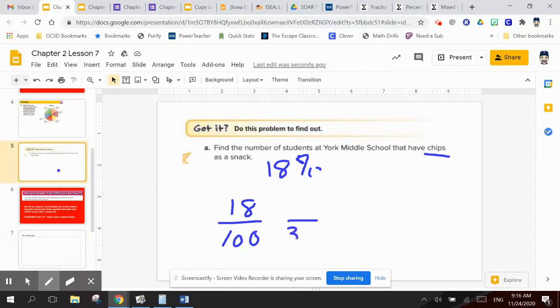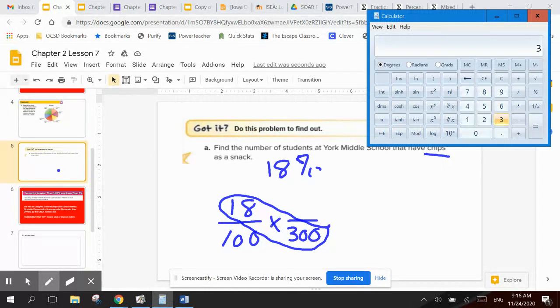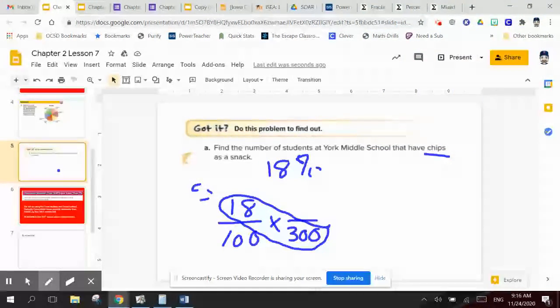There were 300 students in the total school. To find how many enjoyed chips, I multiply the denominator, 300, times the numerator, which is 18. So 300 times 18. And that's 5,400.